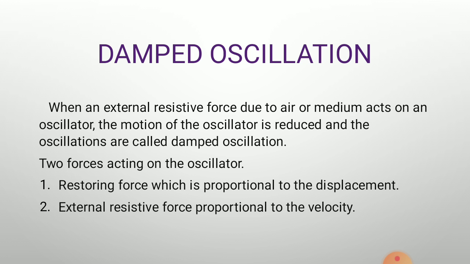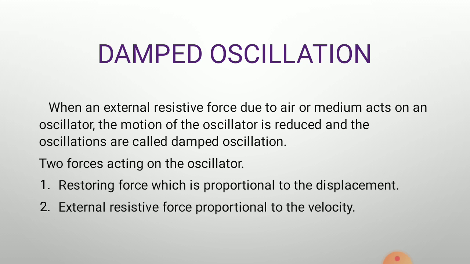But it is our common experience that when a simple pendulum is set into oscillation in air, its amplitude goes on decreasing and the oscillations die out gradually because of loss of energy of the oscillator in overcoming the external resistive force. These types of oscillations are called damped oscillations.